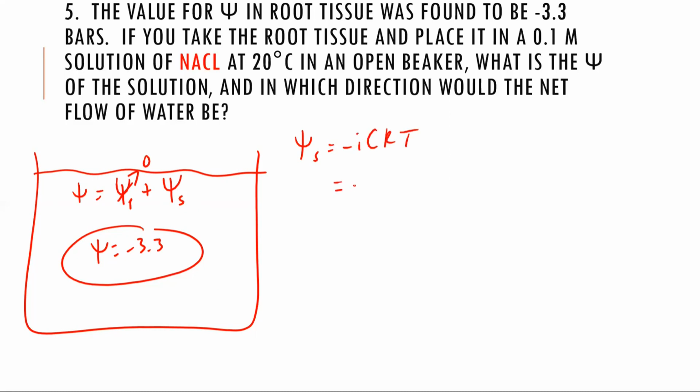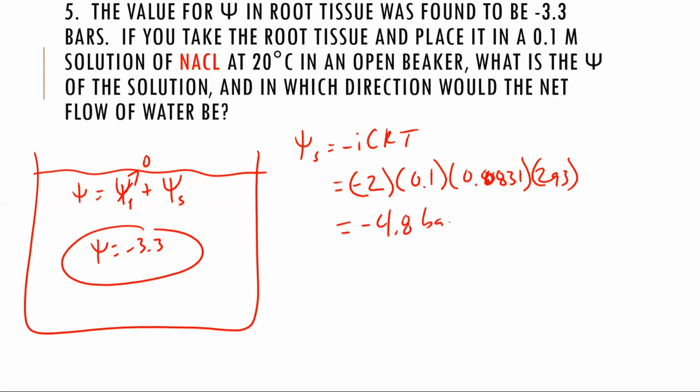This time it's -2 times 0.1 times 0.0831 times 293. This is going to be the same math problem, but everything's doubled. So it's now going to be -4.8 bars, right? So out here, the potential is -4.8 bars.